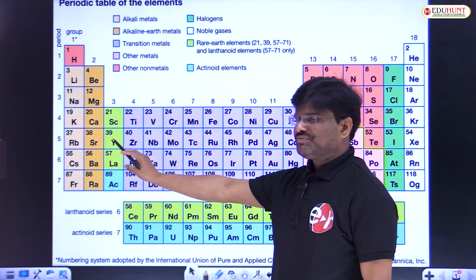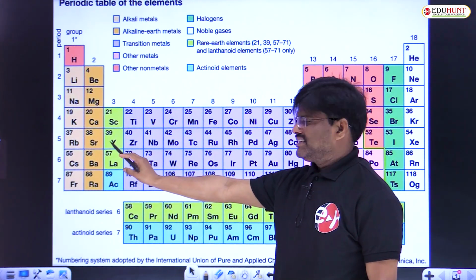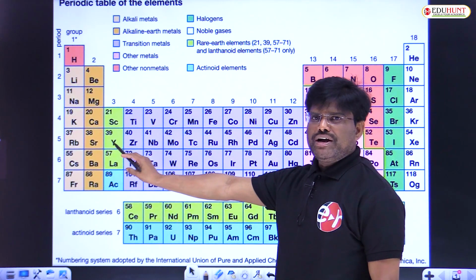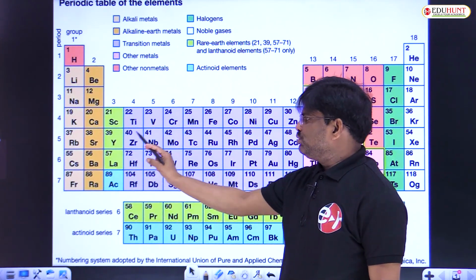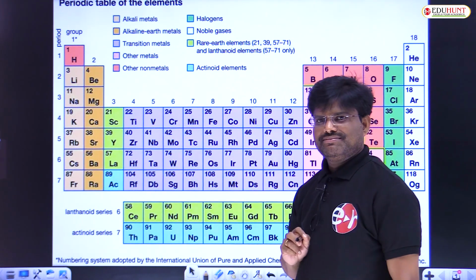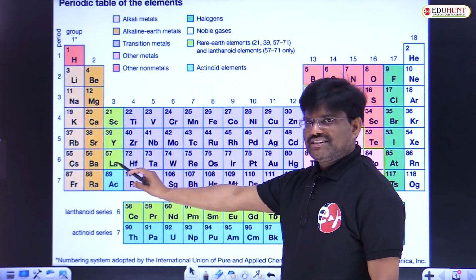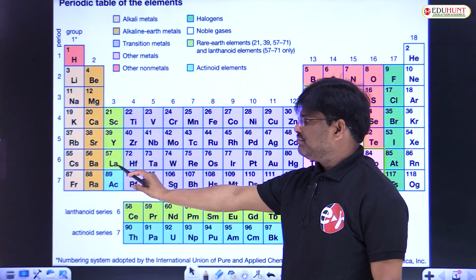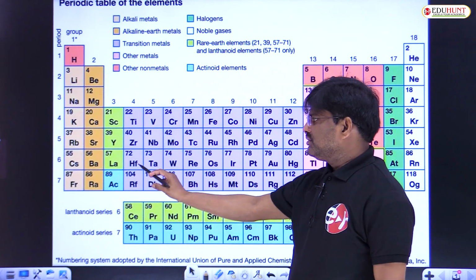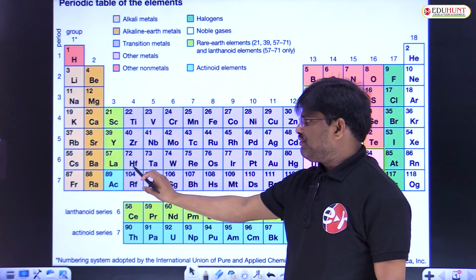Next, the second series is the 4D series, yttrium to cadmium. Next, the 5D series, from lanthanum to hafnium. Here lanthanum is 57 and hafnium is 72.